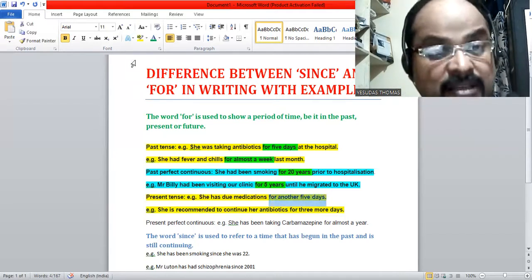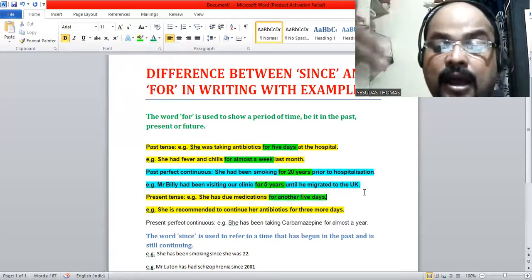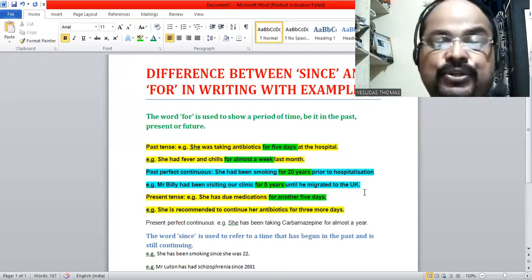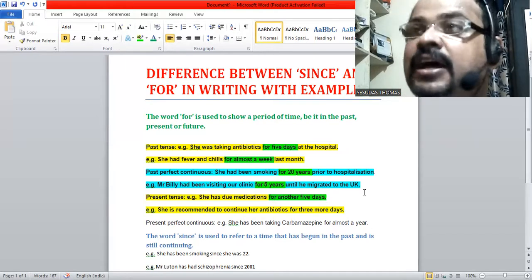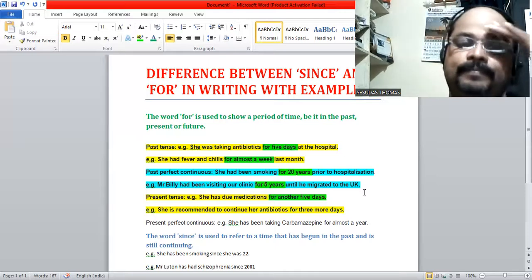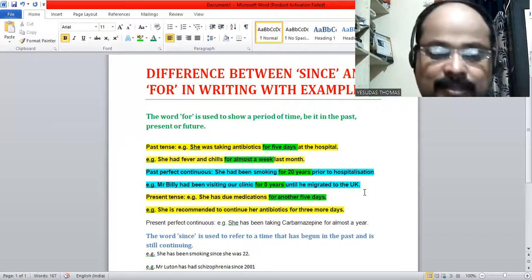It means she has to take medications for the next 5 days. And this is presented in present tense.